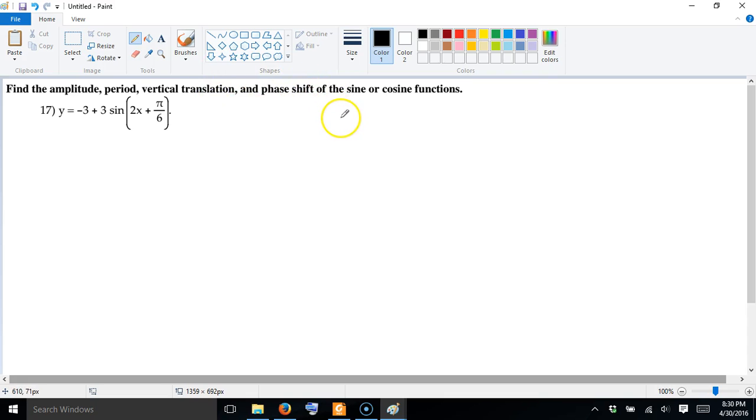I'm going to remind you, when you have a problem in this form right here, bx plus, I'm going to call this c. Whenever you have something in this form, either a sine function or cosine function, the way you found all 4 of these is going to be the same.